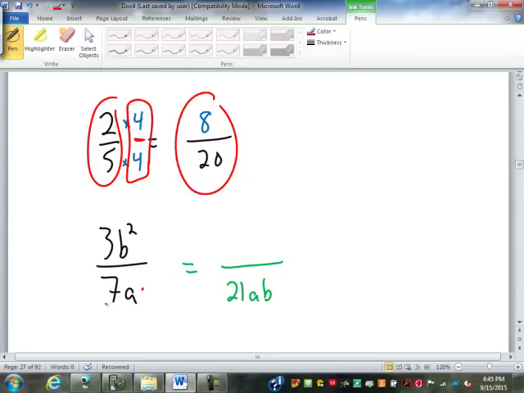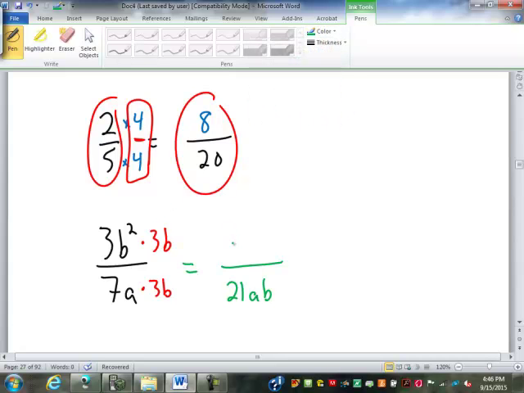Well, what would I have to multiply 7 by? 3. 7 times 3 makes 21. How about the a? Do I have to modify the a? No, that's just an a. Do I need anything else? I need the b. So what I'm multiplying by to turn a 7a into a 21ab, I'm multiplying the 7a by 3b. So what do I have to do on top? Multiply by 3b.